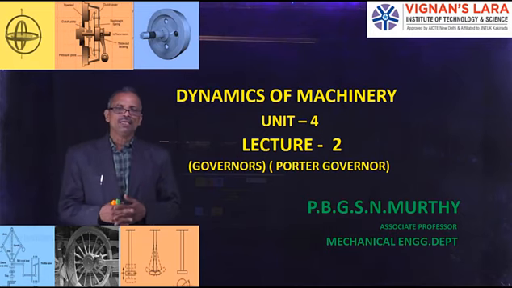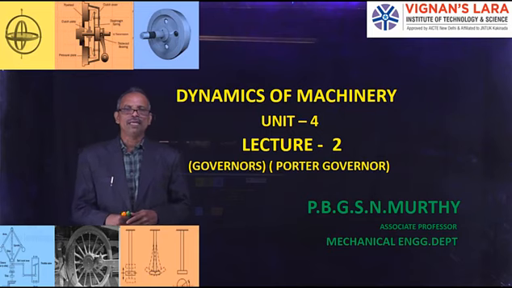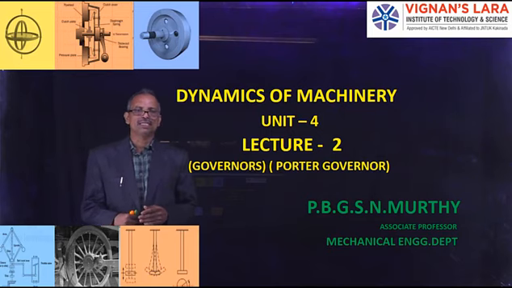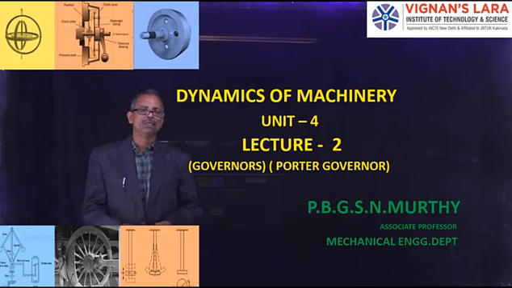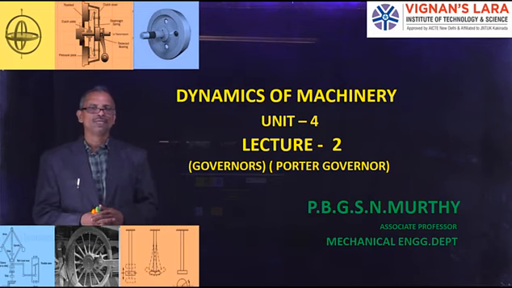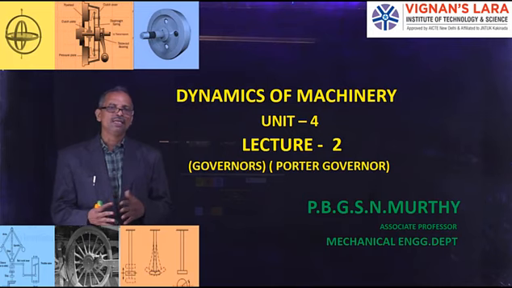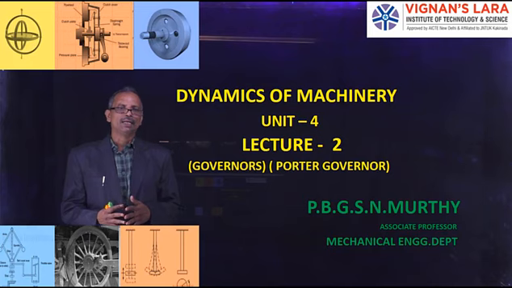There is certain equipment which will vary its speed because of two reasons. One is cyclic fluctuation and another one is load fluctuation. Cyclic fluctuation is an inbuilt process and it repeats every cycle.